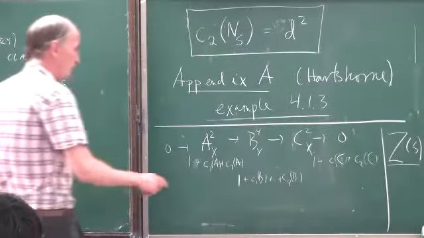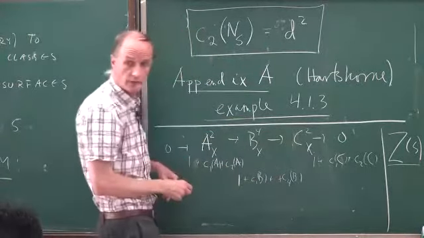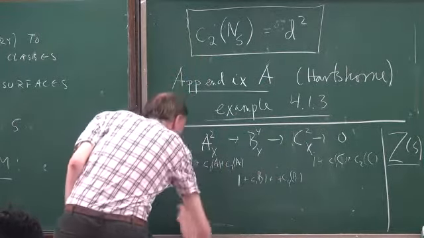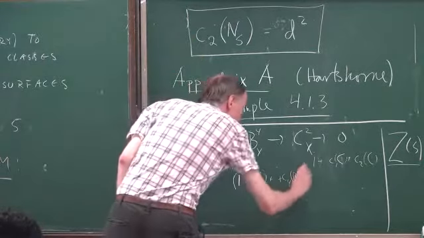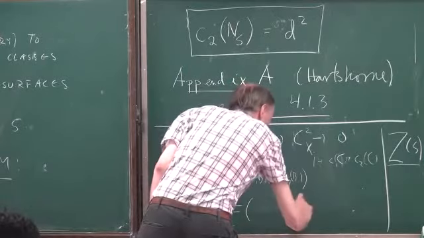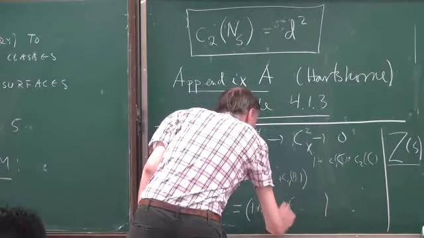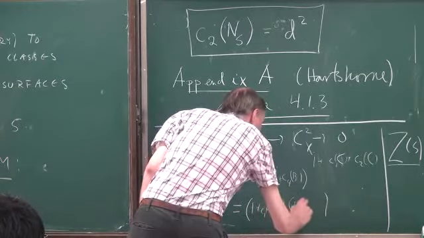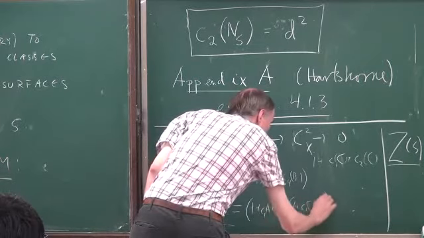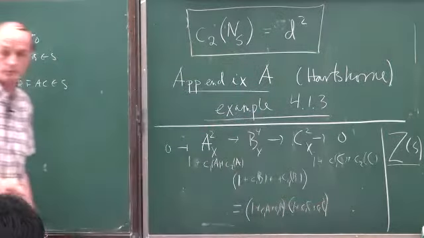And the result is that if this sequence is exact, then formally 1 plus the middle term is equal to the product of the two other ones.